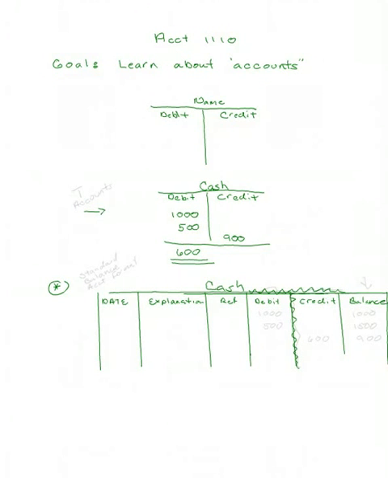And in our example, the account would have been debited for $1,000, and it would have a debit balance of $1,000. It would be debited for another $500, and it would have a $1,500 balance, and then it would have been credited for $600, and it would have a $900 debit balance.